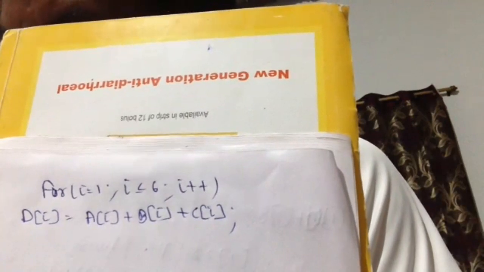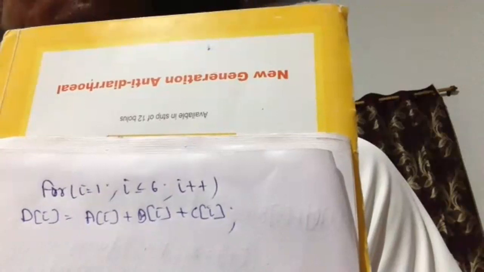Now what to do? Print it. Printf. How many elements are there in the output? 6. So you require 6 addresses, isn't it? To go for these 6 addresses, what to do?